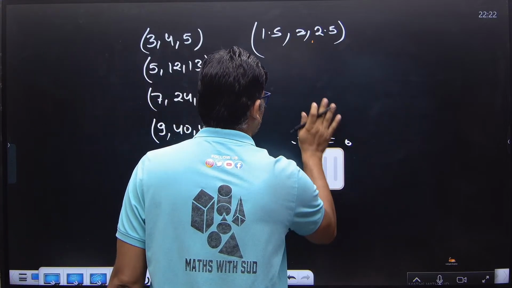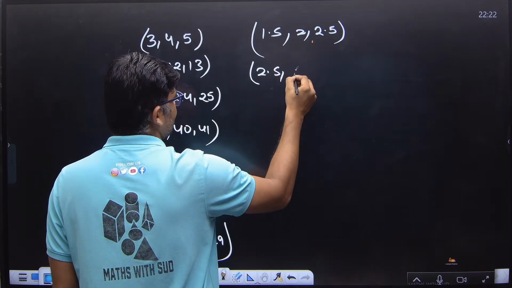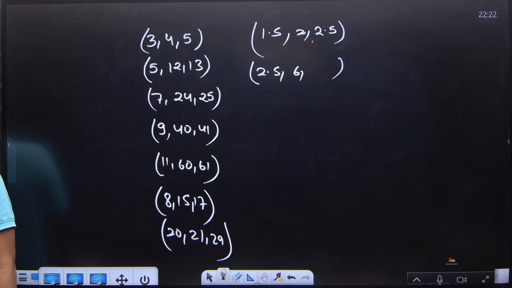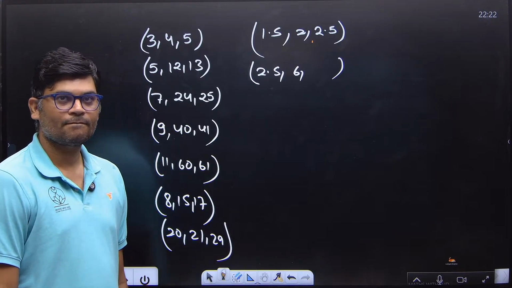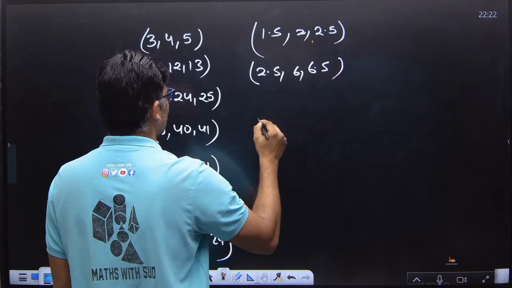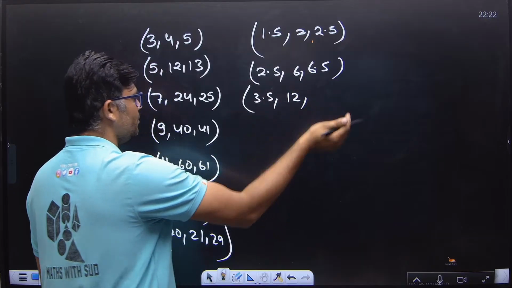Now can you tell me, if one of the sides is 2.5 and another side is 6, what could be the third side? It will be 6.5. Okay, if one of the sides is 3.5 and the other is 12, what could be the next side?